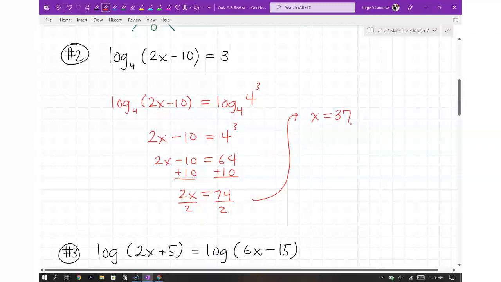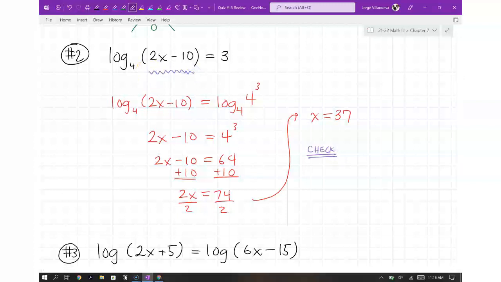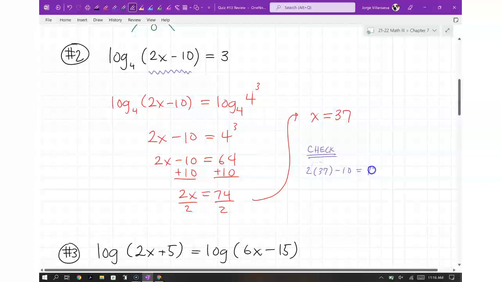Now, you're going to want to check it just to make sure. So let's plug it into this part right here, the part inside the logs. We're only looking at the stuff inside the logs. So 2x minus 10 will be 2 times 37 minus 10, which is 74 minus 10, which is 64.